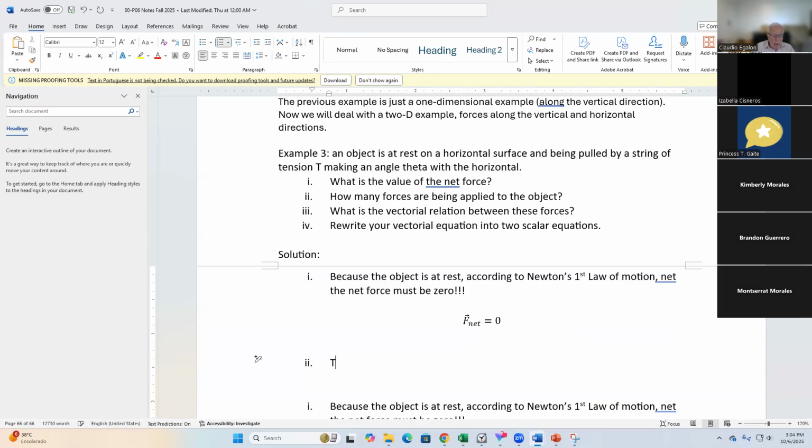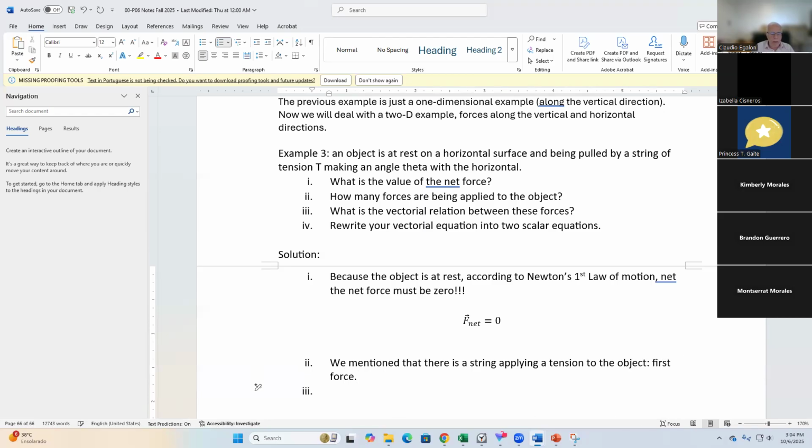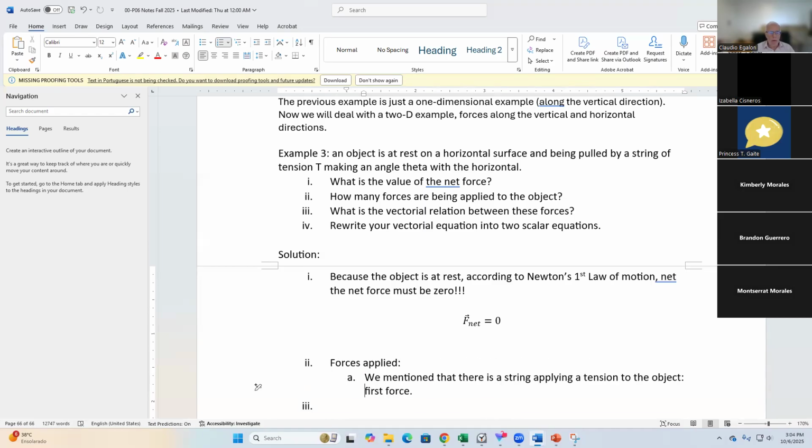We mentioned that there is a string applying a tension to the object. That's one force, first force. Okay, two. Forces applied. Let's put it this way. Better organized now.